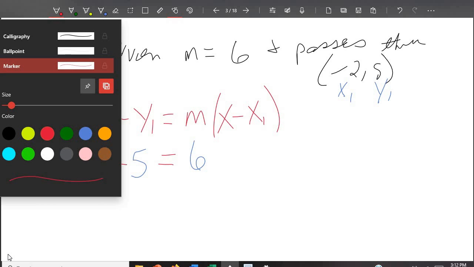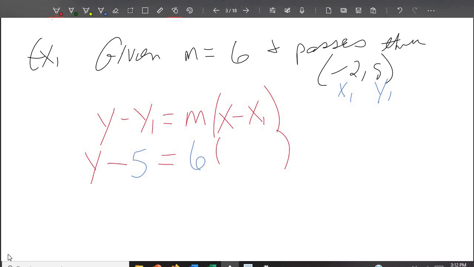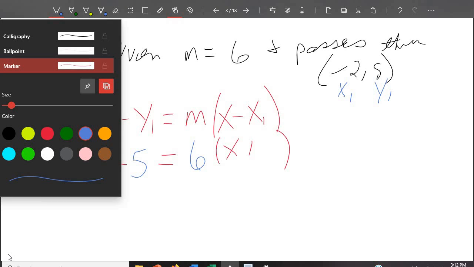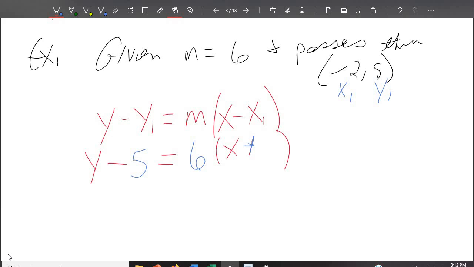Now, this can be kind of tricky. Notice the parentheses has a minus, but my x is minus. So instead of x minus 2, it's going to be x plus 2, because the 2 minuses make a plus sign. So it's x plus 2. Now that I've got the numbers plugged in, we're going to do the distributive property.